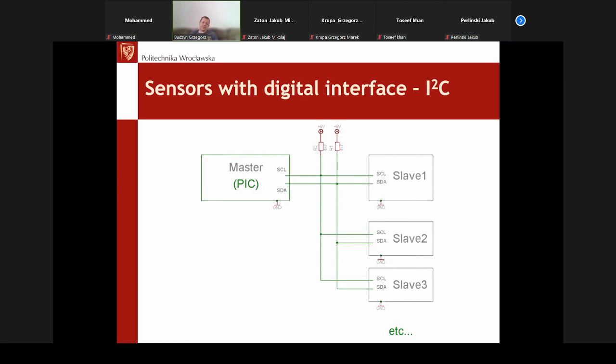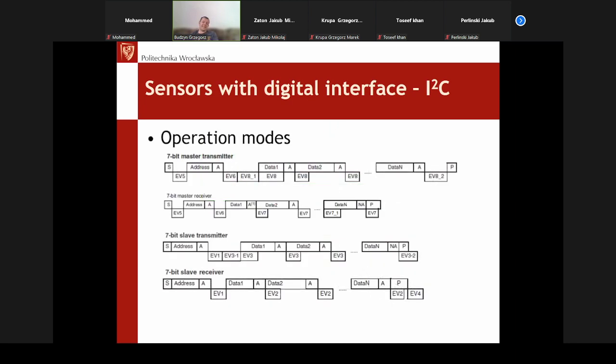But the good thing about SPI is, of course, the connection: 2 wires always, whatever the number of slaves you have, just 2 pins. Don't forget about the pull-ups. In case of SPI they are not required, because the master may have push-pull outputs, not a problem. But in case of I2C, the pull-ups are necessary.